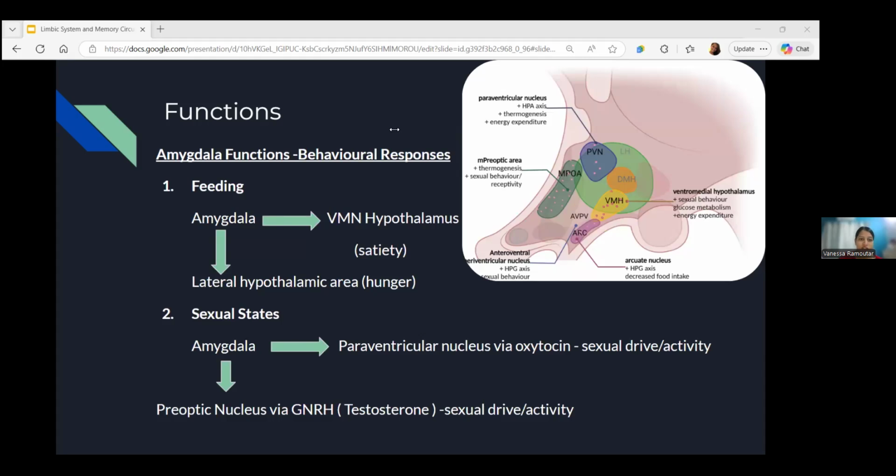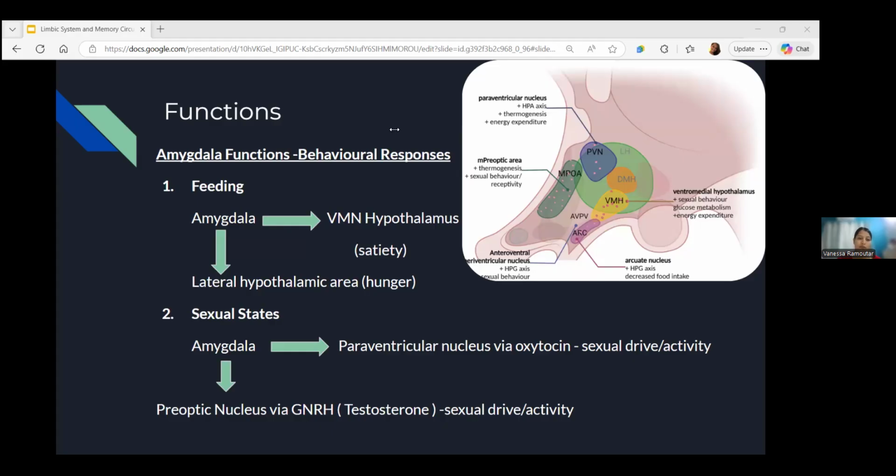The next function of the limbic system we will discuss is behavioral responses, and this refers to feeding, sexual, and motivational behaviors. So considering an emotional state, the amygdala sends information to the hypothalamus.